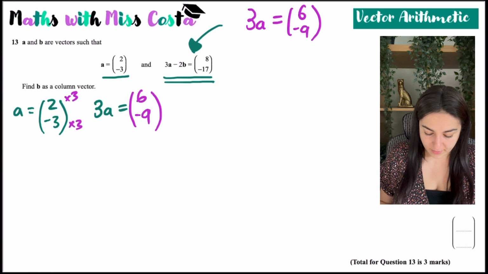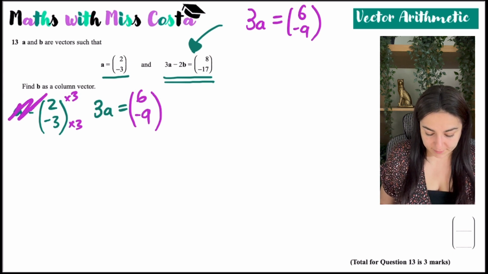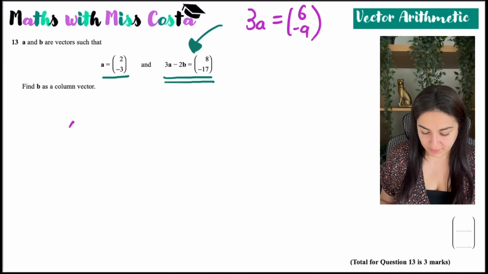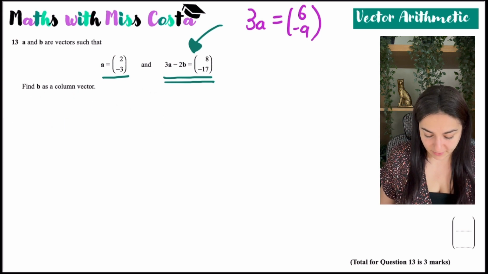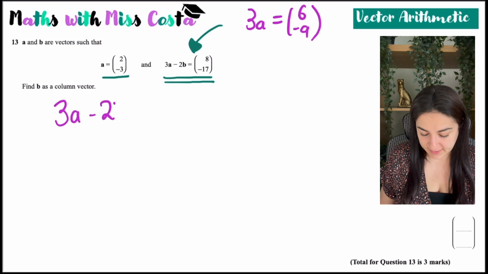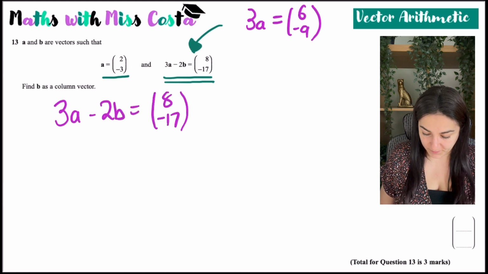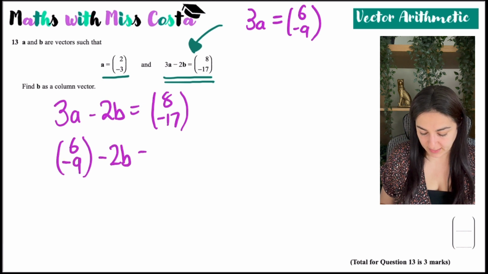So now I can substitute that into the vector. I know that 3A take 2B equals (8, -17). So (6, -9) take 2B equals (8, -17).